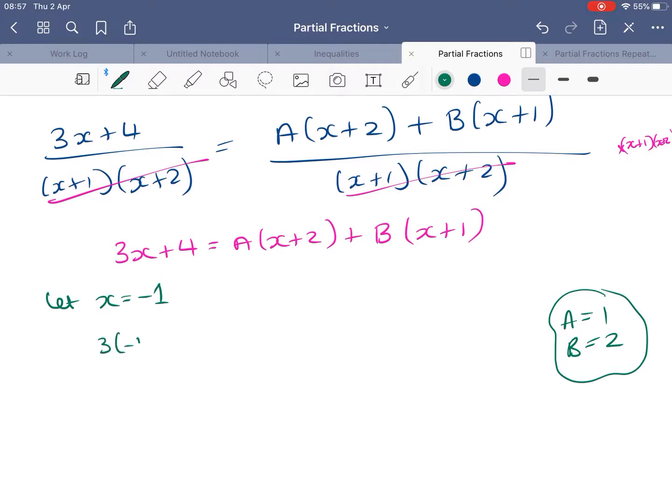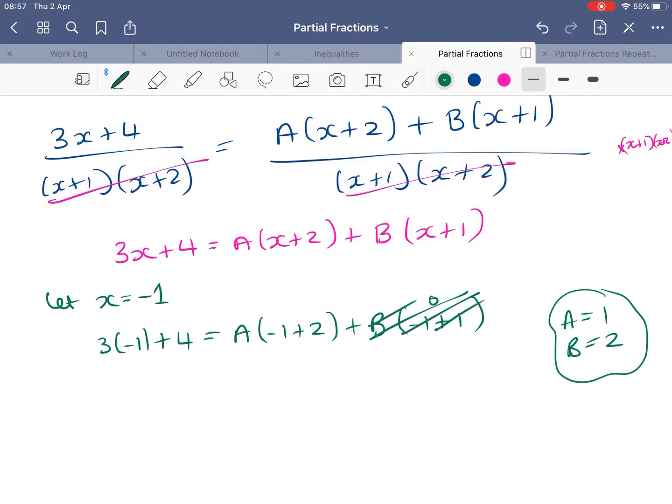So 3 lots of minus 1 plus 4 on the left-hand side is equal to a times minus 1 plus 2 in the bracket plus b times minus 1 plus 1. Right, hopefully you can see that last term, b times minus 1 plus 1. Well, minus 1 plus 1 is 0, so that effectively disappears.